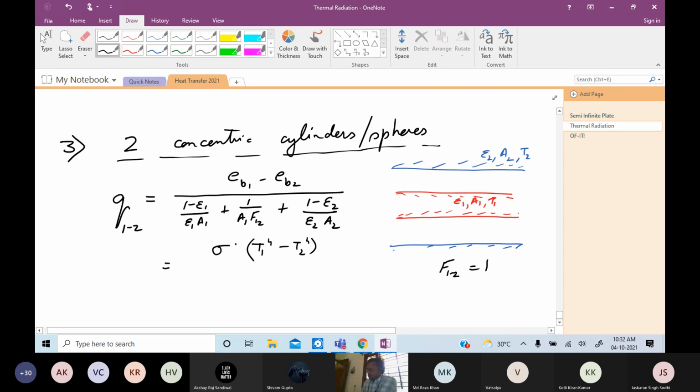And what I will do is multiply both numerator and denominator by A1. So what do I have? 1 over epsilon 1 minus 1 plus 1 plus, I multiplied both numerator and denominator by A1, so therefore I will have A1 over A2.